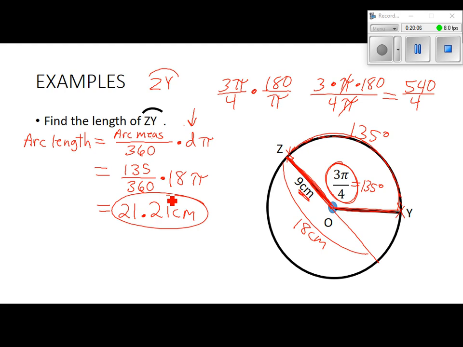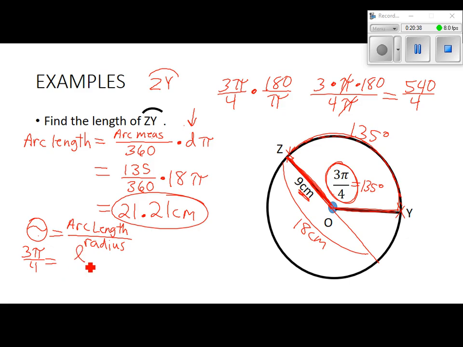Now, if we use the other formula, we had theta equals arc length over the radius, we should get the same answer. Theta, this time if we use the radians, that's 3 pi over 4 equals arc length.